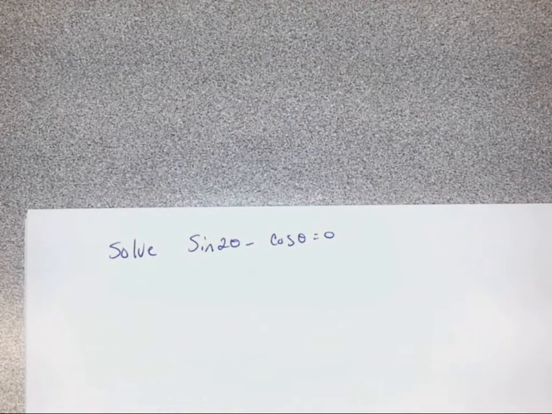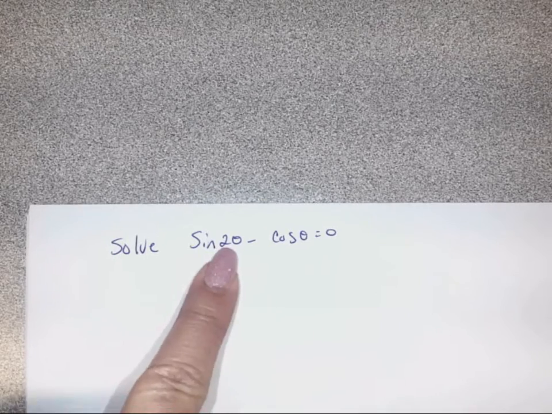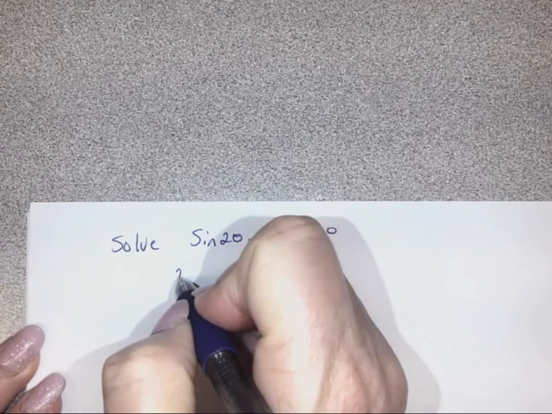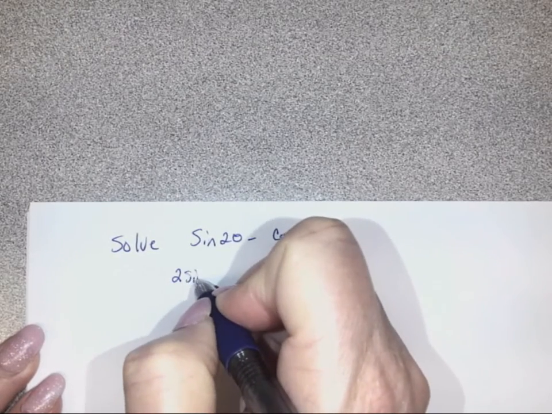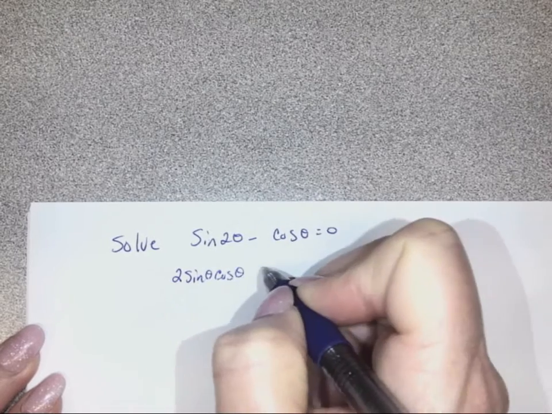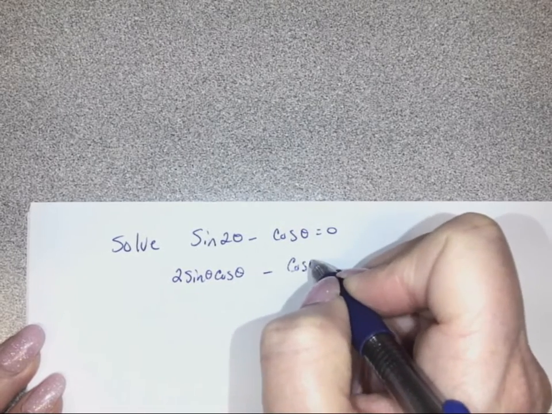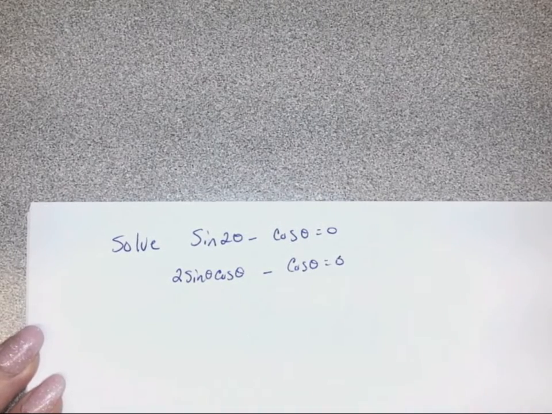In solving this, we're using the formulas that we have learned. We know that 2 theta is a double angle, and so we are looking at using our double angle formula for sine of 2 theta. So that's going to get us 2 sine theta cosine theta minus cosine theta equal to 0.